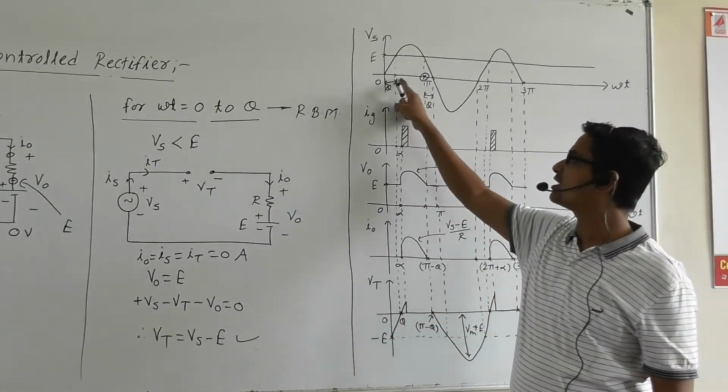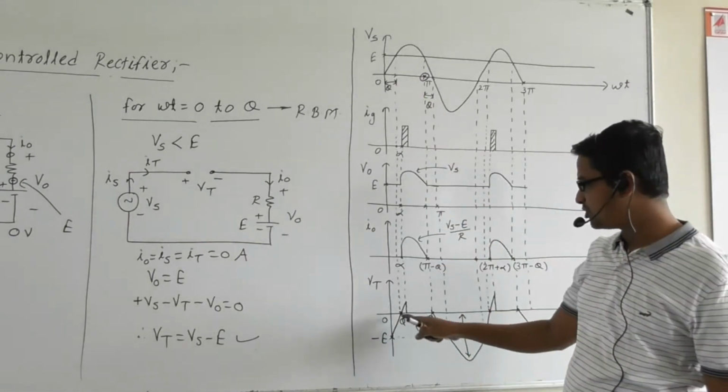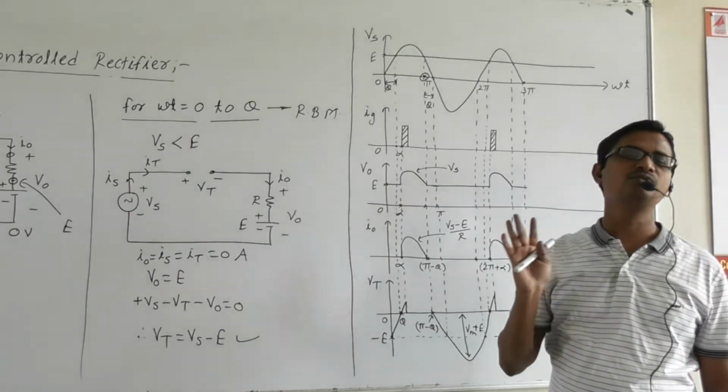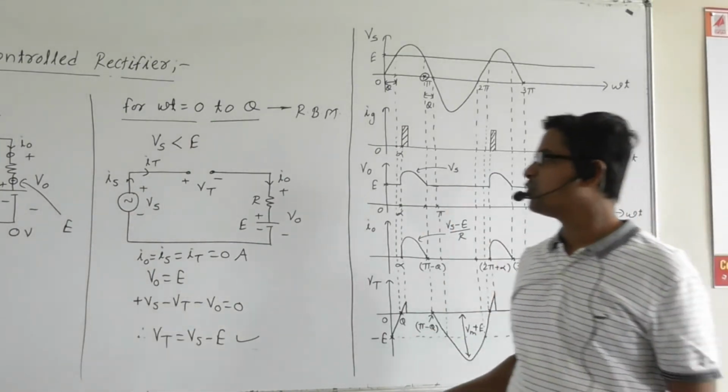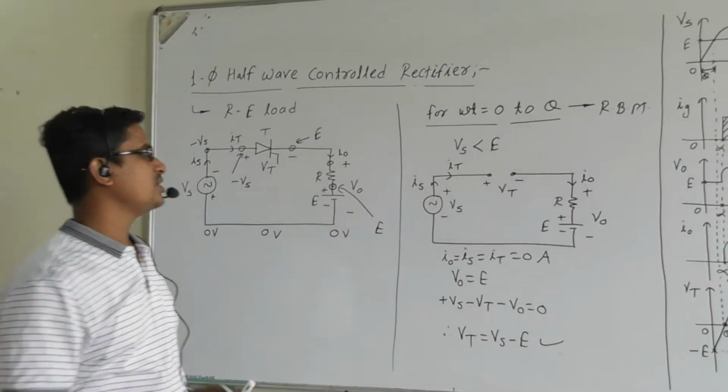At omega t is equal to theta, Vs and E are the same, so Vt is equal to 0. So this is for omega t is equal to 0 to theta.